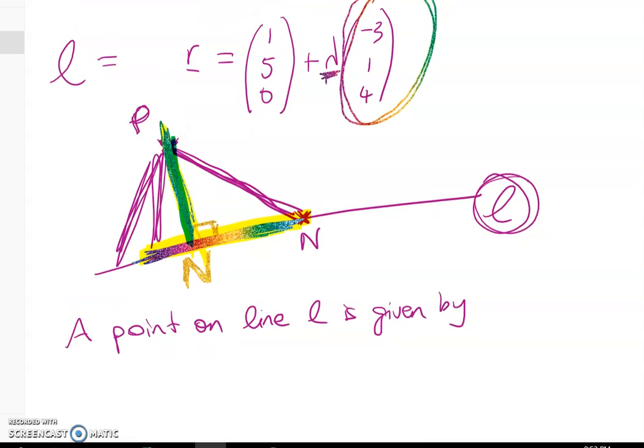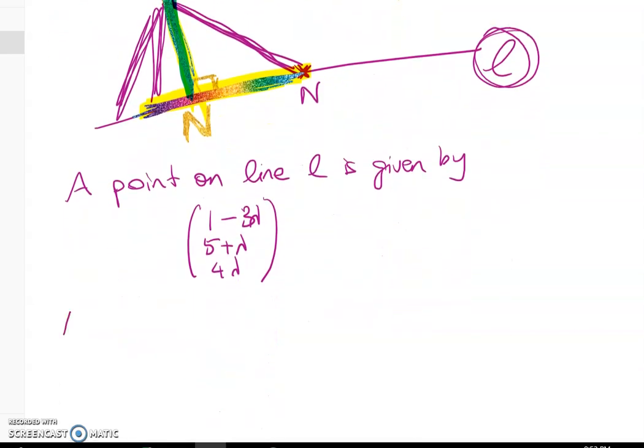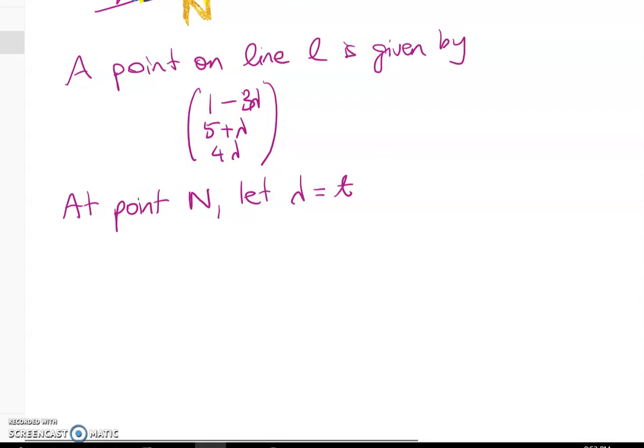So the position vector for a point on line L is this: (1 - 3λ, 5 + λ, 4λ). Right? And so at point N, we're going to pick a value of lambda. So we're going to say let λ equal t. So just give it another variable name.